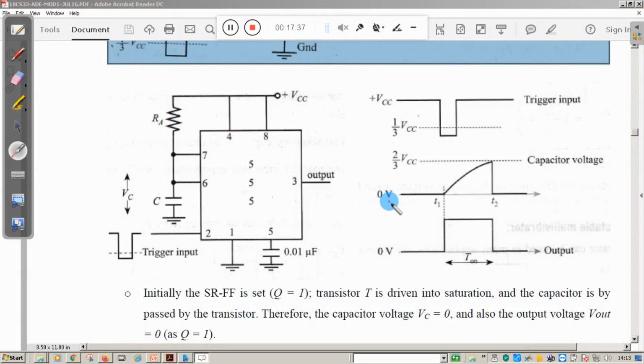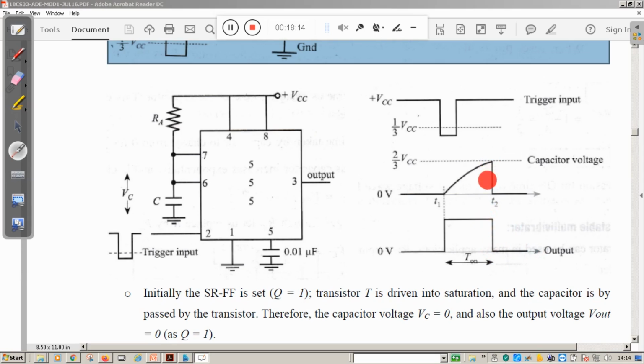Initially the voltage across the capacitor is 0, and output voltage is 0 volt. When you give the trigger pulse, output goes high and the capacitor will get recharged. When the capacitor charge reaches somewhat above 2 by 3 VCC, then output goes 0, because the output of the upper comparator will become high.